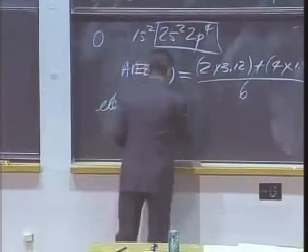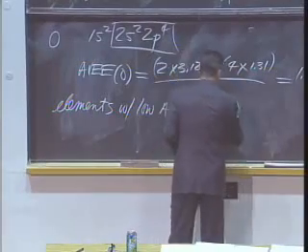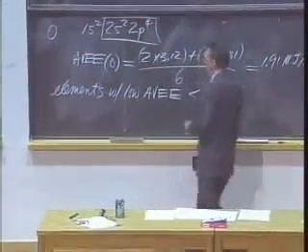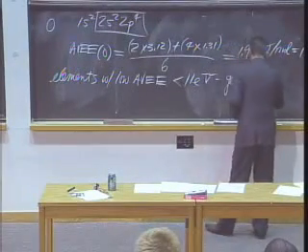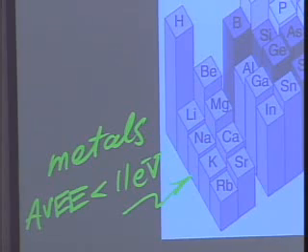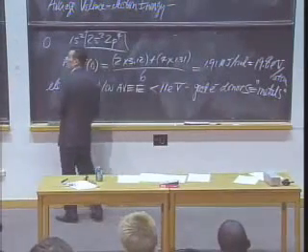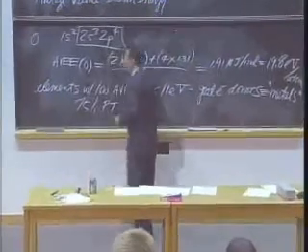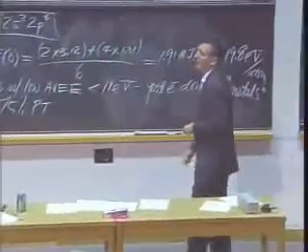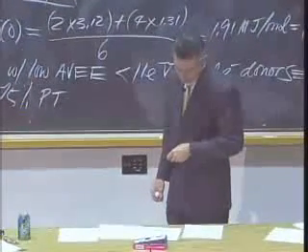Elements with low average valence electron energy, and here I'm saying below 11 electron volts, are good electron donors, and we call these, in simple English, metals. About 75% of the periodic table falls into this category. So the vast majority of elements in the periodic table are metals.